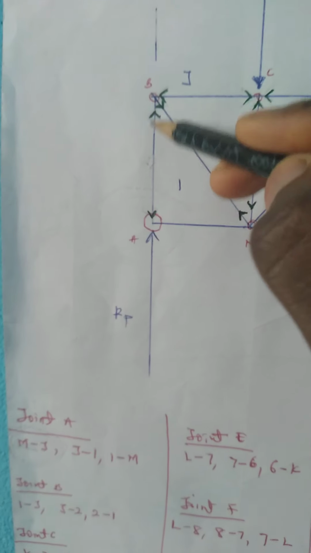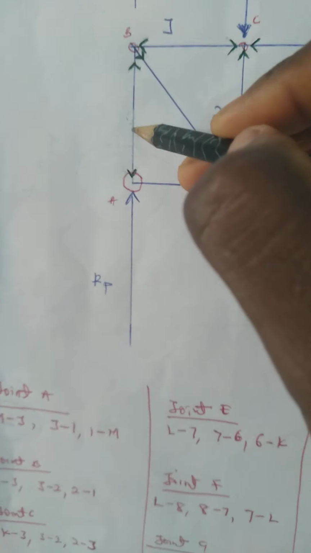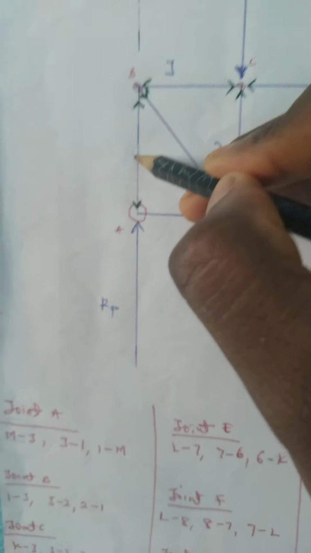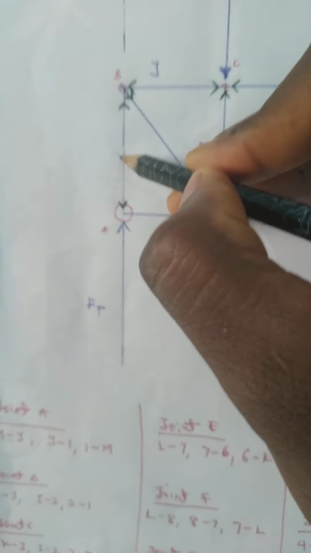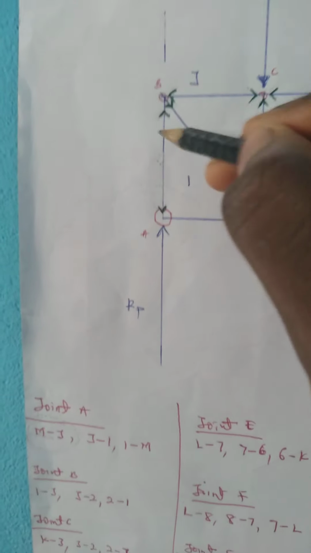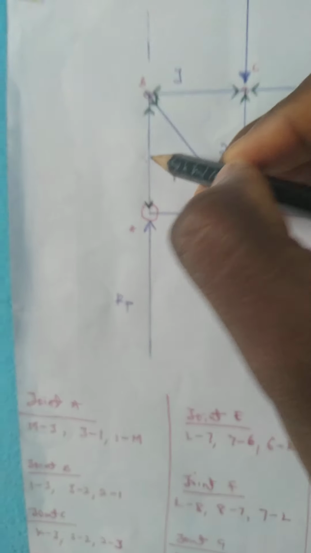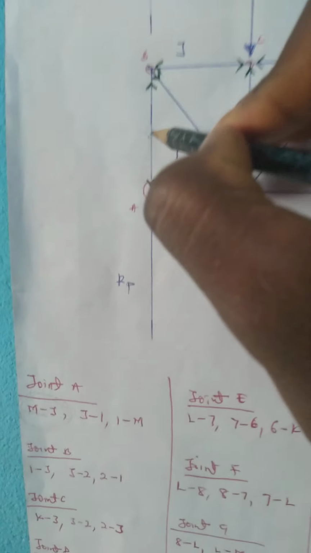The arrows here indicate that the force in the member is tension, meaning it has realized that a certain force is compressing it. That is how come it is exerting its own force, which is tension force. So don't consider the force it is exerting, but consider the force acting on the member.